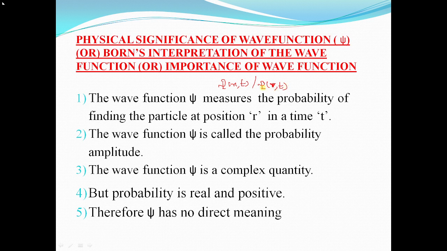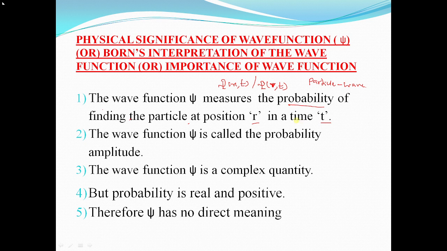What does psi give? See here, the wave function psi measures the probability of finding the particle at position r at a time t. Means psi can give the probability of where the particle is at position r at time t. In quantum mechanics, a moving particle always behaves like a wave.